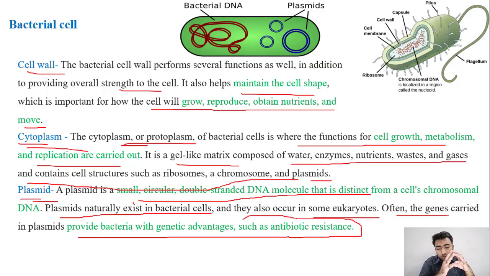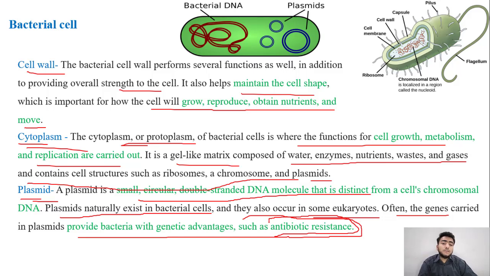So for example, if a bacterial cell is found in salt mines or in a place where salt is very rich, then it would be able to survive only because of the presence of the very genes that are contained on its plasmid DNA. So plasmid DNA contains, in short, the genes that allow bacterial cells to survive really harsh or tough environmental conditions, and antibiotic resistance is also an abnormality or really a harsh condition for bacteria, or a new condition for bacteria.